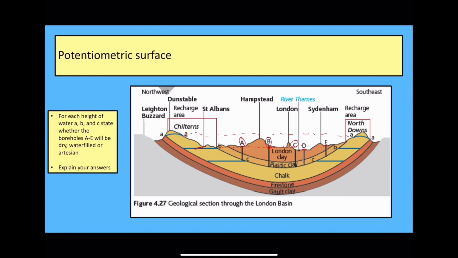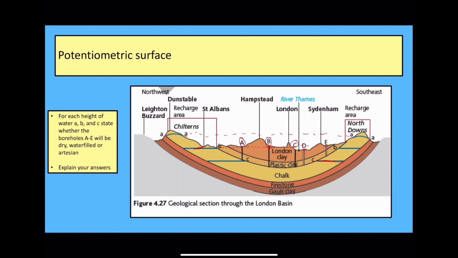Now, if we take level C, where it's lowest, some of the boreholes aren't going to have any water in them at all. Some of the boreholes don't reach level C, and some of them will have water in them, but with level C, none of them will be artesian.